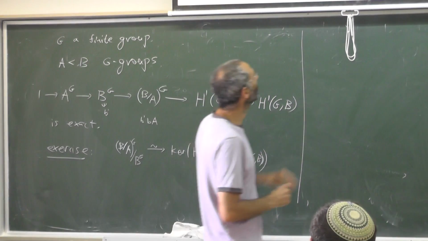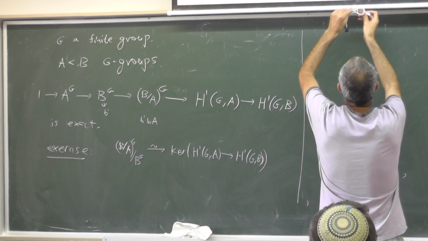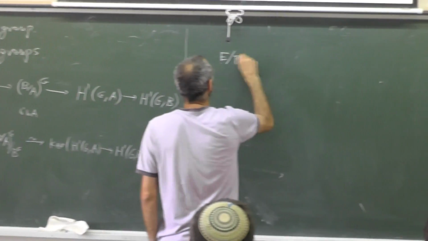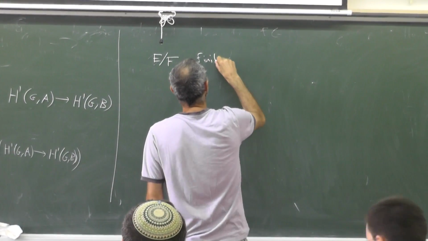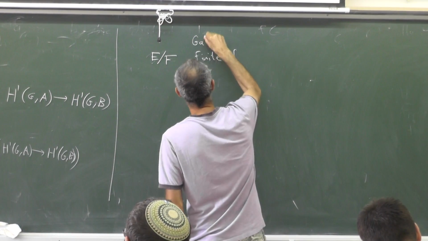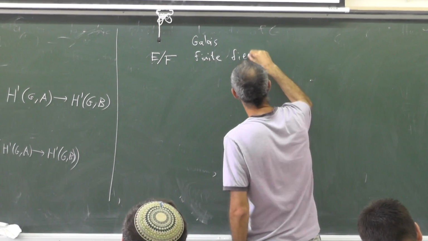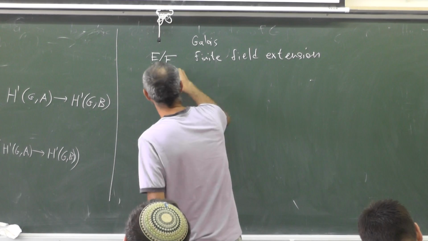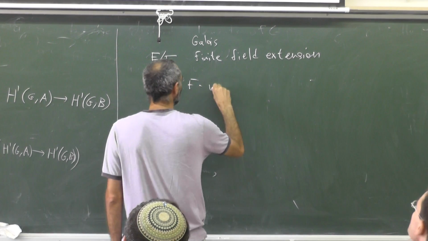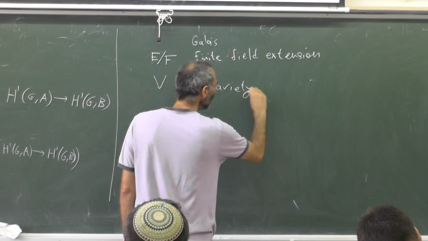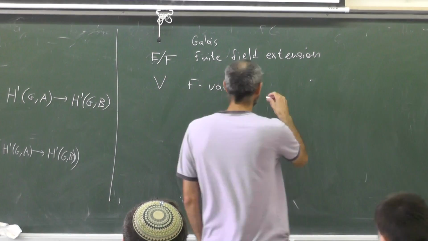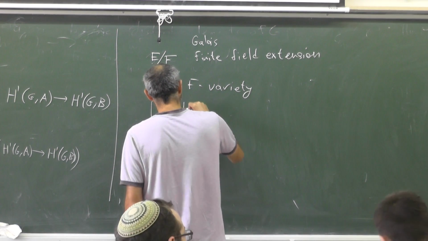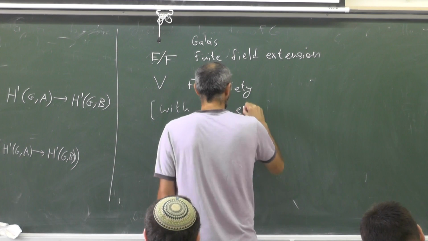Let me discuss the following. The setting of interest for us is a finite field extension, and we take V, a variety defined over F, and maybe we take some extra structure.